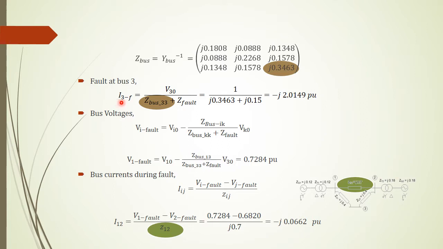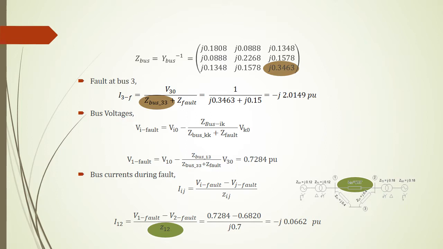The current fault at bus 3 equals the voltage at bus 3 before the fault over Z bus 33 plus Z fault. Z bus 33 here is this one. As a result, we have the fault current equal to minus j times 2.0149 pu.